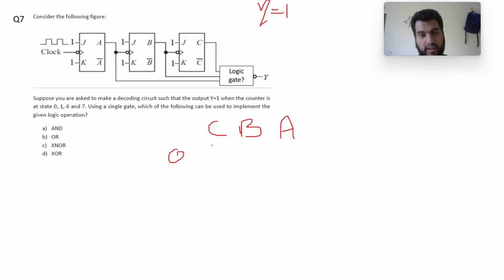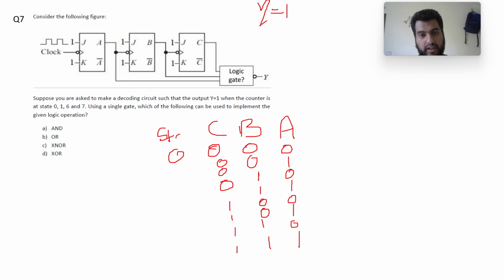So 0, it will be 0 0 0, then 0 0 1, 0 1 0, 0 1 1, 1 0 0, 1 0 1, 1 1 0, then 1 1 1. This is the state: 0, then 1, 2, 3, 4, 5, 6 and 7.